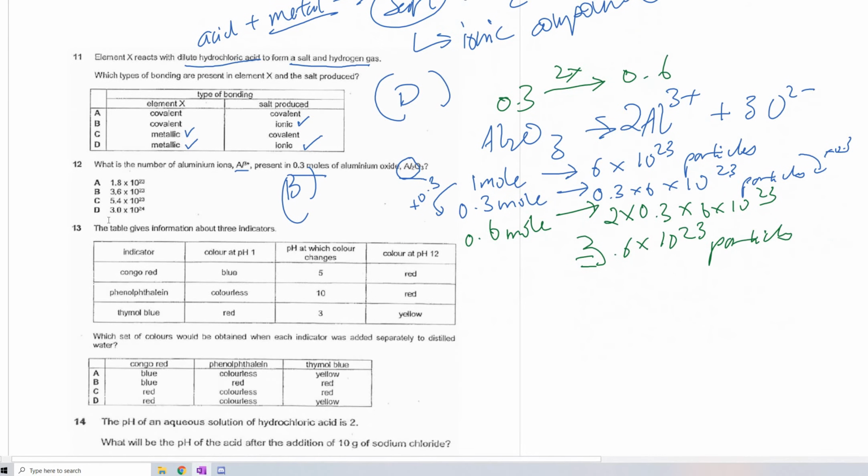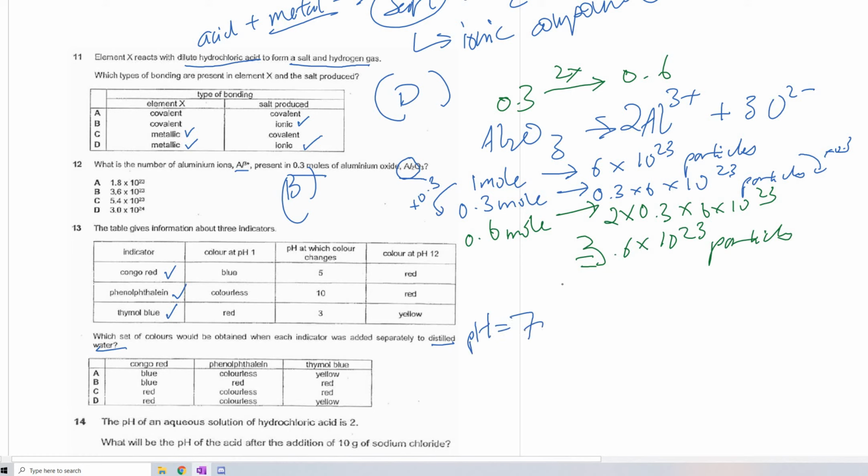Okay, for question 13. The table gives information about 3 indicators. We have Congo red, phenolphthalein, and thymol blue. Which set of colors would be obtained when each indicator was added separately to distilled water? We know that water is neutral. It has the pH of 7.